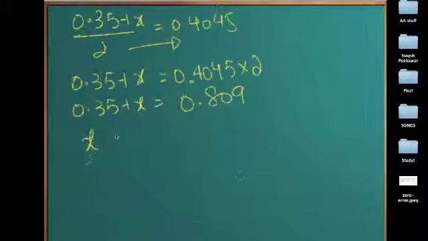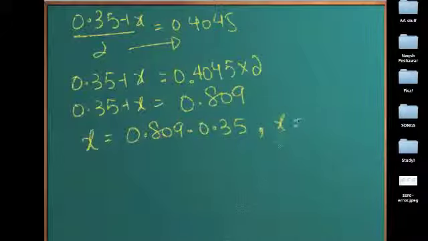Now x is equal to 0.809, take this here and this would become a minus. X is equal to 0.809 minus 0.35. This becomes 0.459 meters per second.